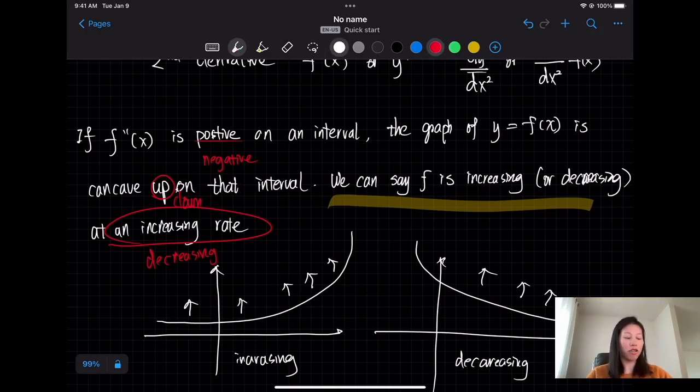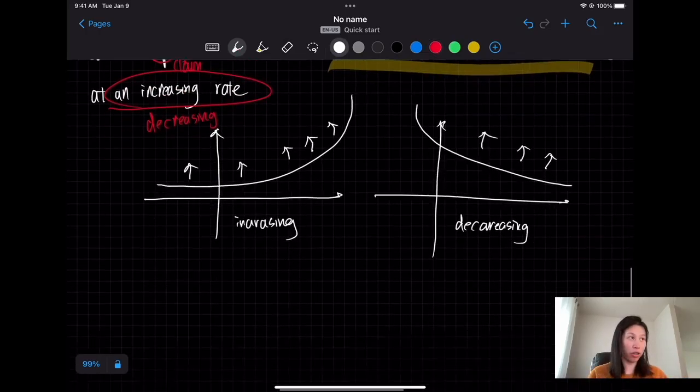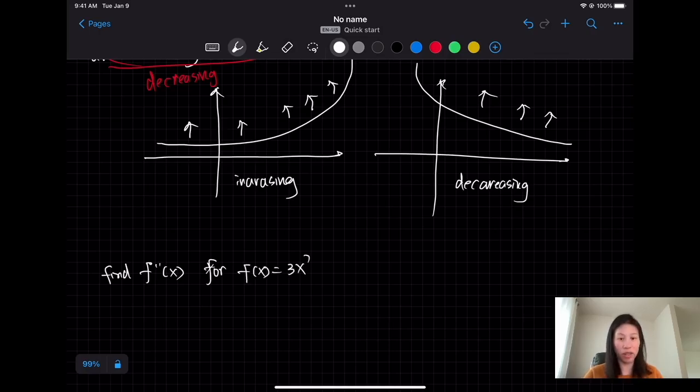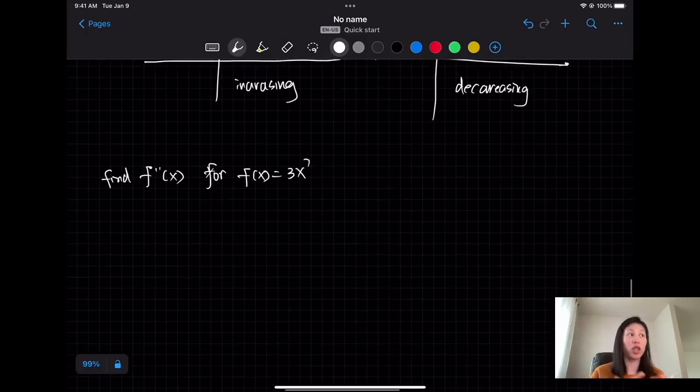So now let's try to find a second derivative. For example, I want you to find the second derivative for f of x equals 3x to the 7th. In order to find the second derivative, the first thing is you need to find the first derivative.